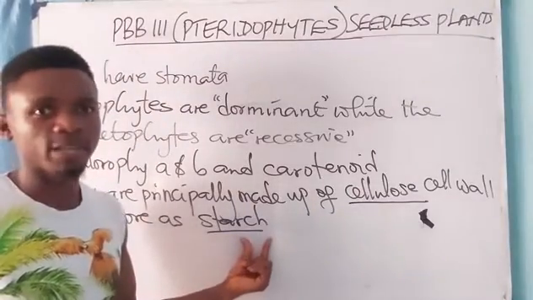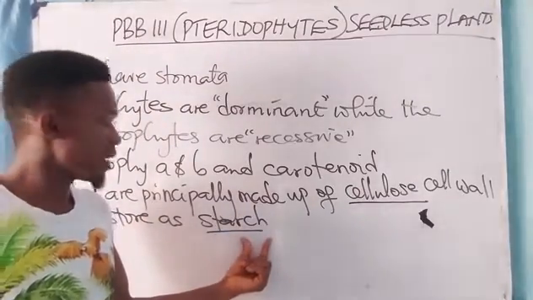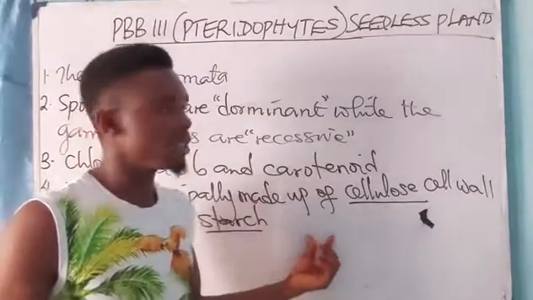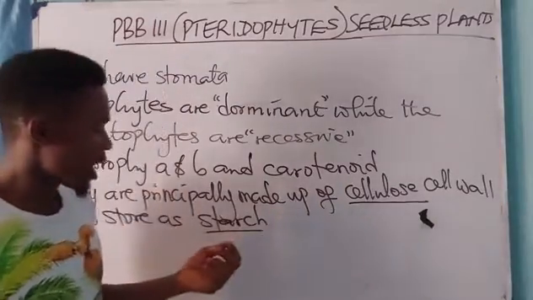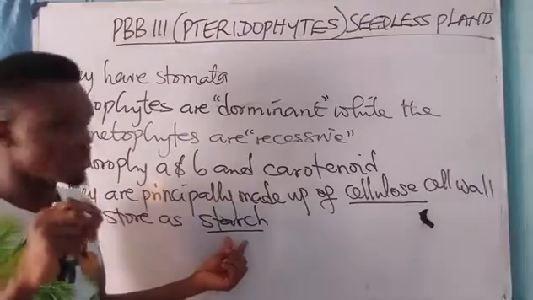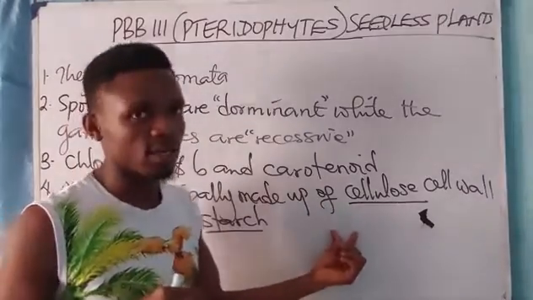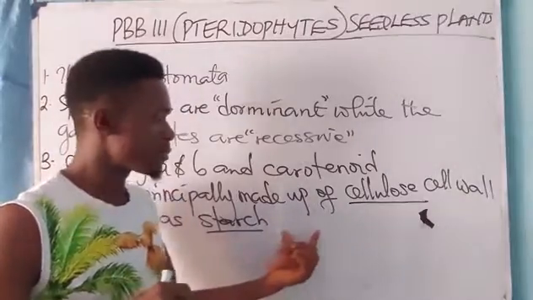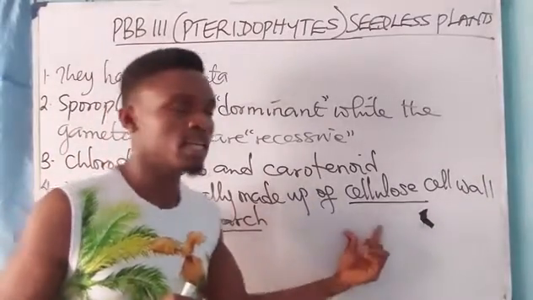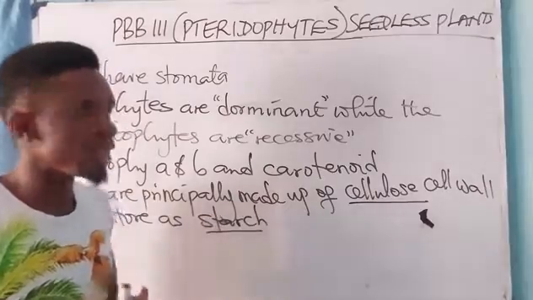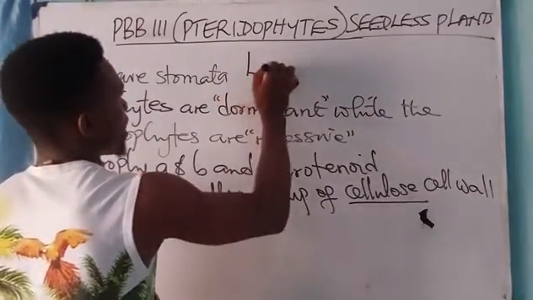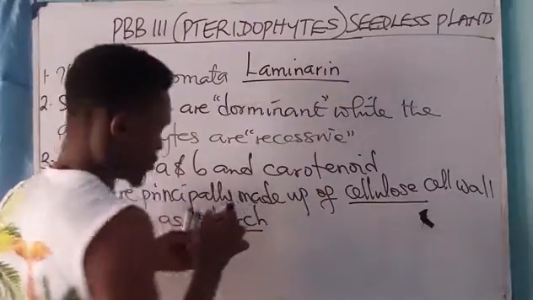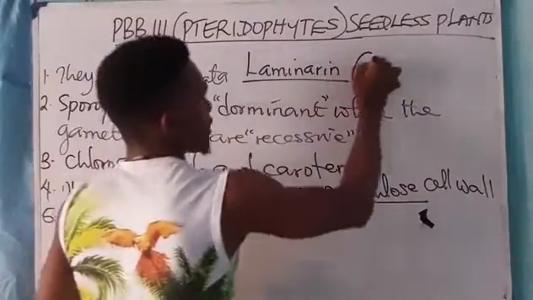We have the charophyta, which are the stoneworts, and we have the pyrrophyta, and we have the cryptophyta. The cryptophyta have peculiar characteristics, and we have the prymnesiophyta. Now my emphasis is on that prymnesiophyta. The prymnesiophytes or the haptophytes, they store carbohydrates as laminarin. Alright, that is the haptophytes.